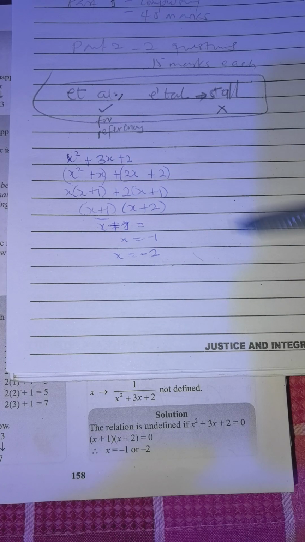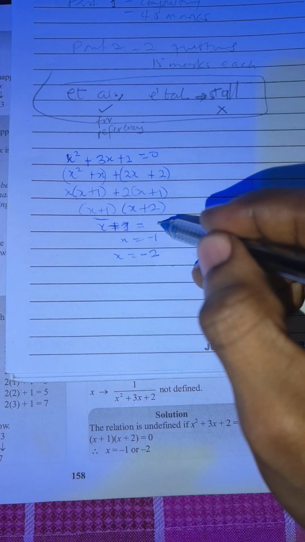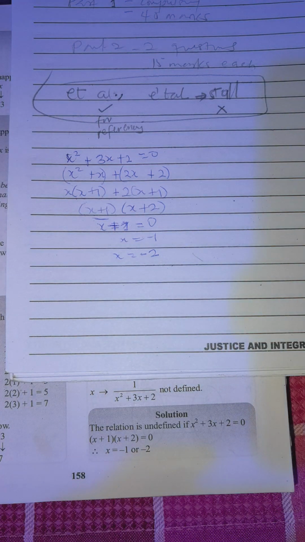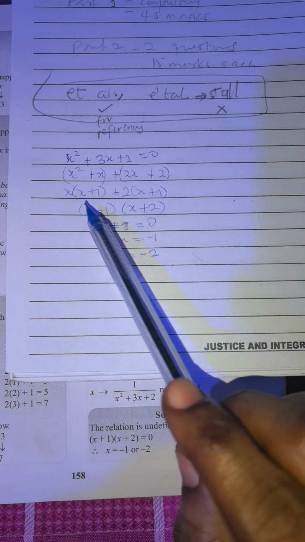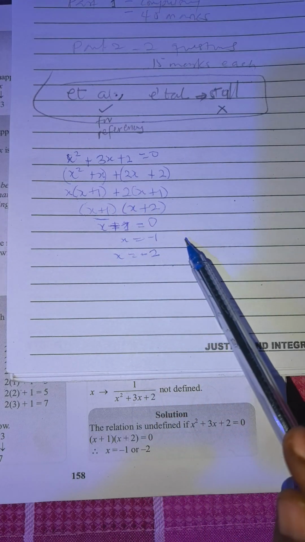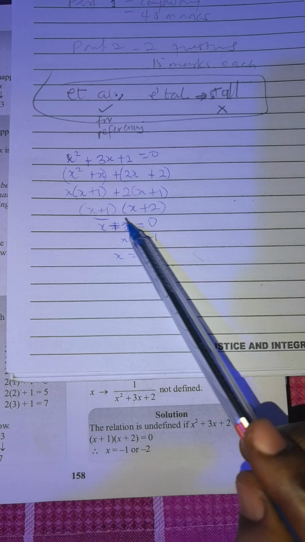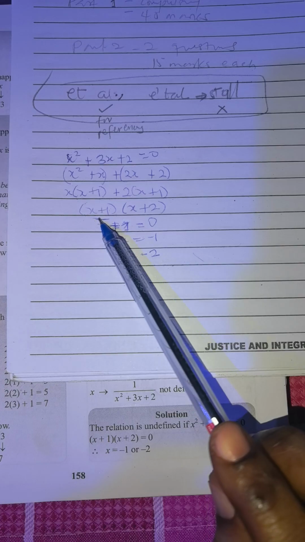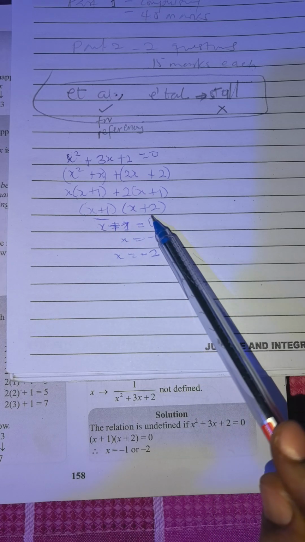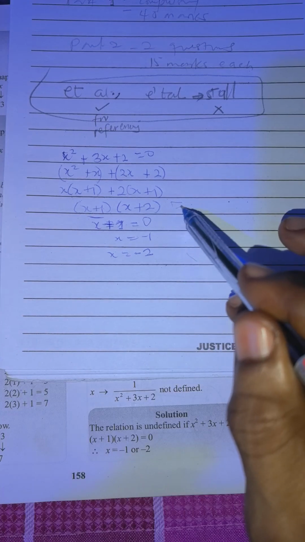So equate that one to 0 and then we do the math. We derive this method of calculation from when we were dealing with factorization, the third method, right? So you find that x into bracket x plus 1, also into bracket x plus 2, is all equal to 0.